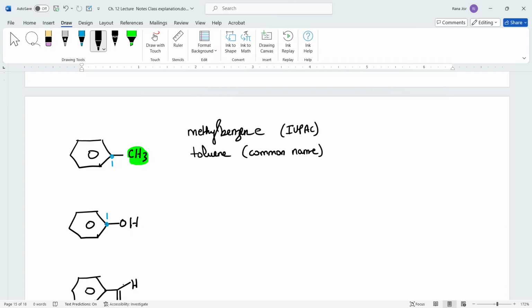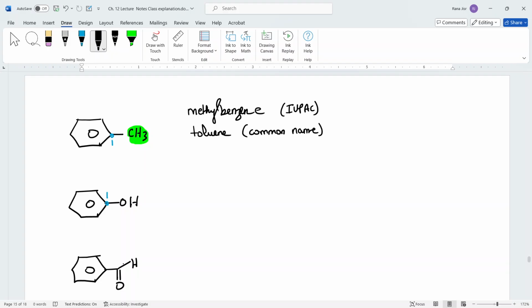And because they have no rule, we have to take them as is. Toluene is used as a solvent. These are hydrocarbons, and normally a structure with a CH3 and a benzene, instead of calling it methylbenzene, we call it toluene. So we go with the common name, we don't go with the IUPAC.